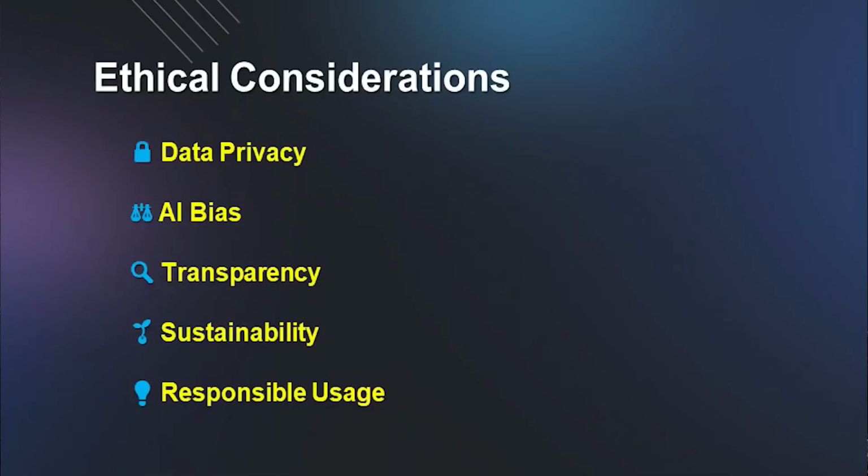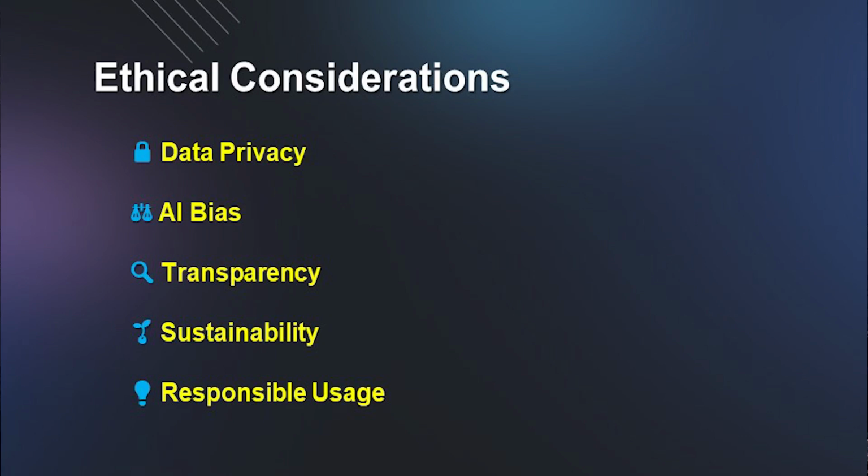While Gemini is revolutionary, it's important to address some challenges. First one is data privacy. Ensuring that users' data remains secure and confidential. Second one is AI bias. Reducing biases in AI response to make it fair for all users. Third one is transparency.